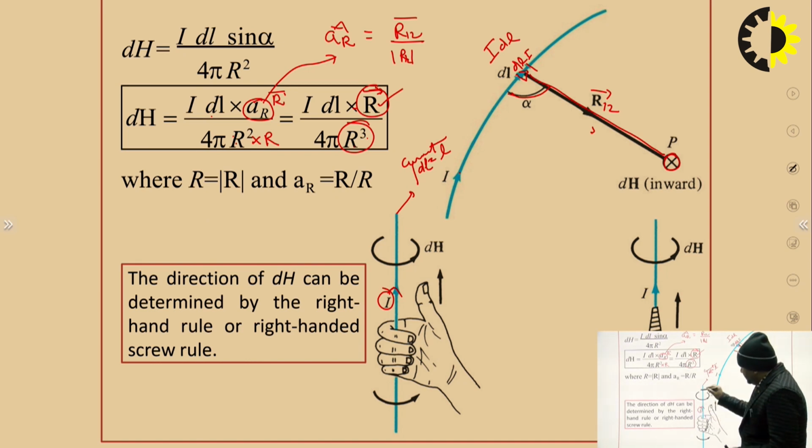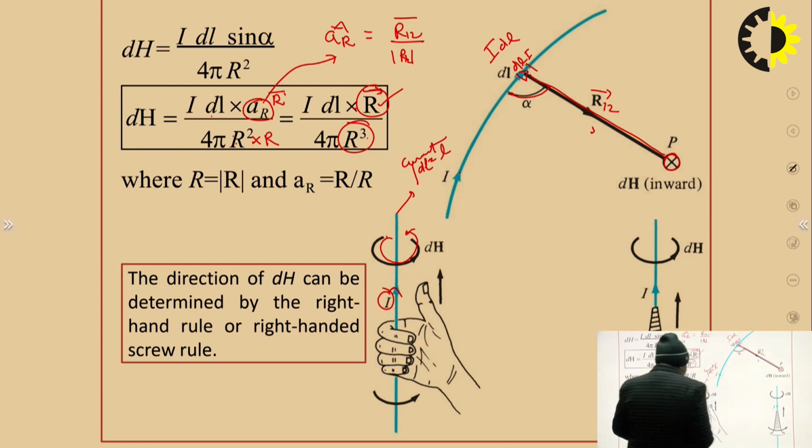counterclockwise. That means the direction of dH has to be defined by using the right-hand thumb rule, or we can say the right-hand screw rule. We have to find in which direction the differential magnetic field intensity is produced. What is the meaning of the right-hand screw rule?